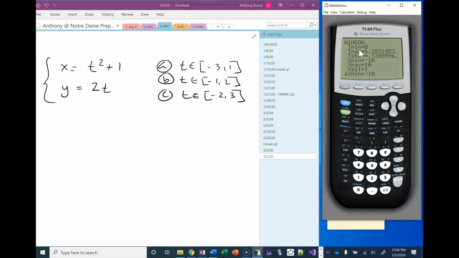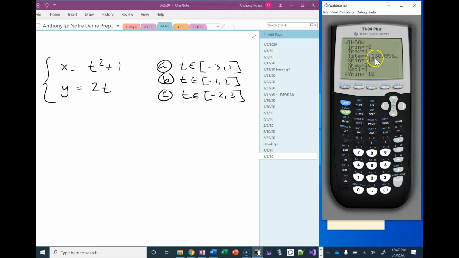And where it says t min, I'm going to type -3. And where it says t max, I'm going to type +1. The t step, I'm just going to leave the way it is because it doesn't really matter as long as it's something reasonably small, like 0.1 and whatever. It doesn't really matter there a whole lot. So whatever your t step is probably fine.